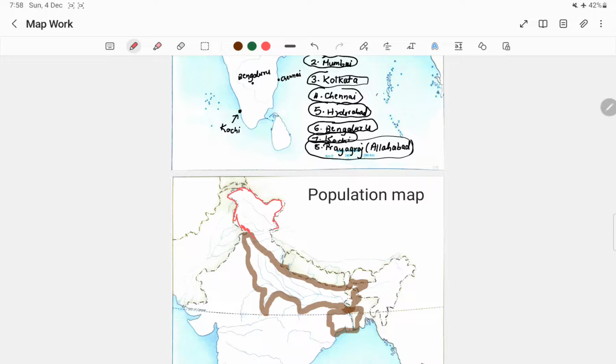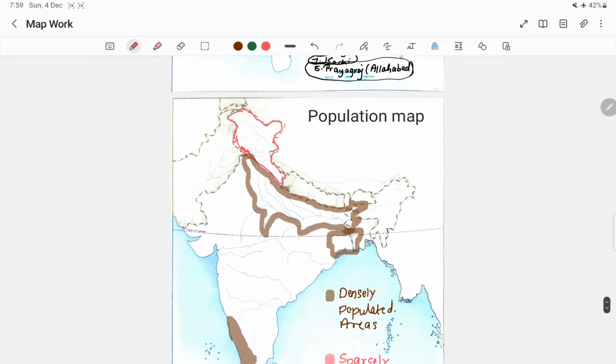This will all be included. This will be our first patch. After that, this Chhattisgarh region will also be included in this patch.